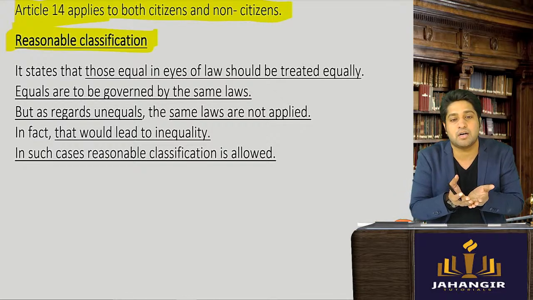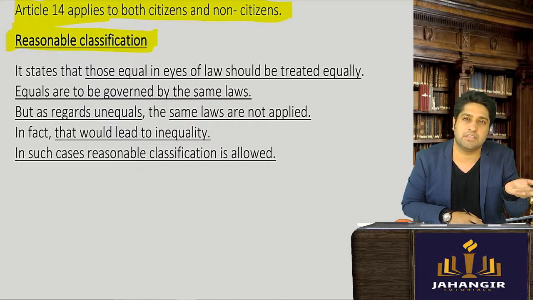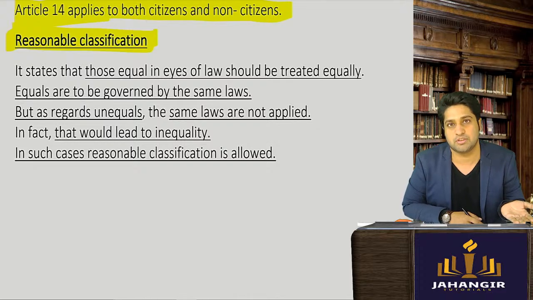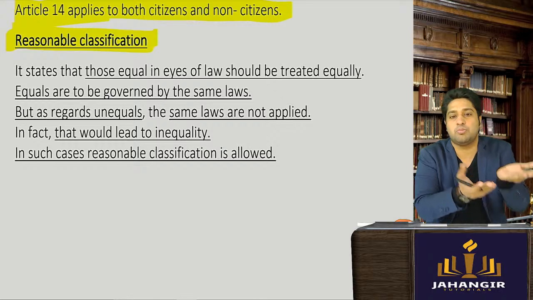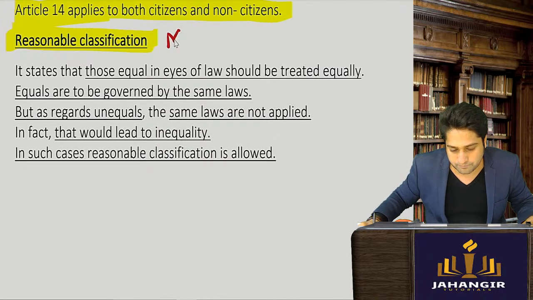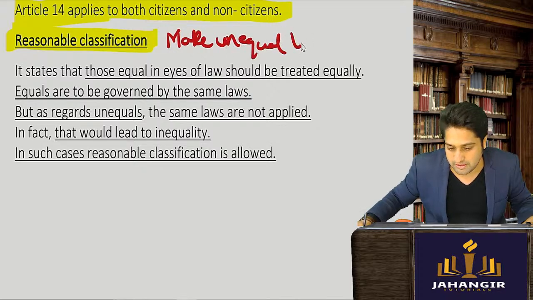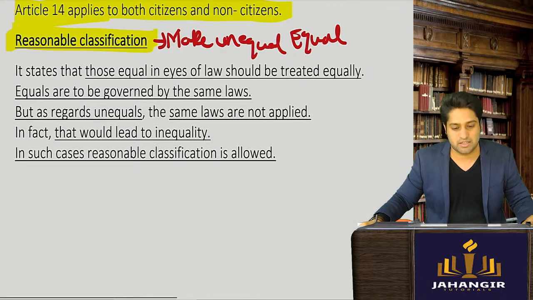But if there is a person who is lower, let's say for example an economically weaker section, the law will give them special privileges to make them equal. So to make unequals equal, a reasonable classification is allowed.